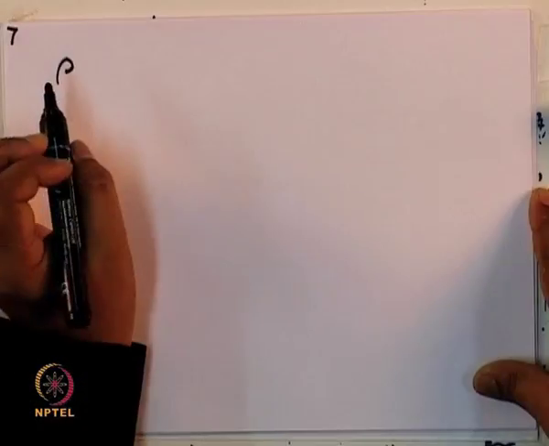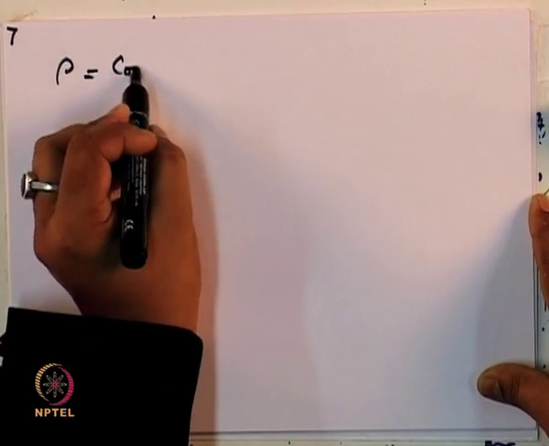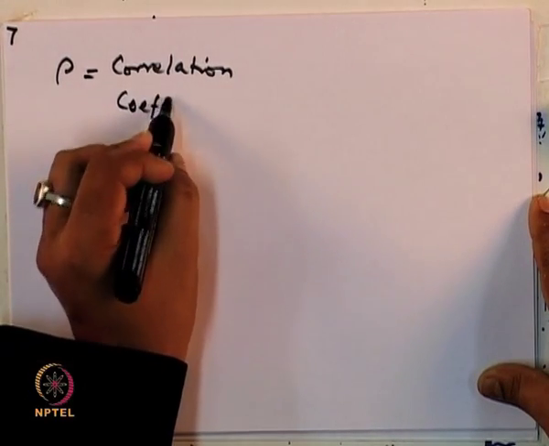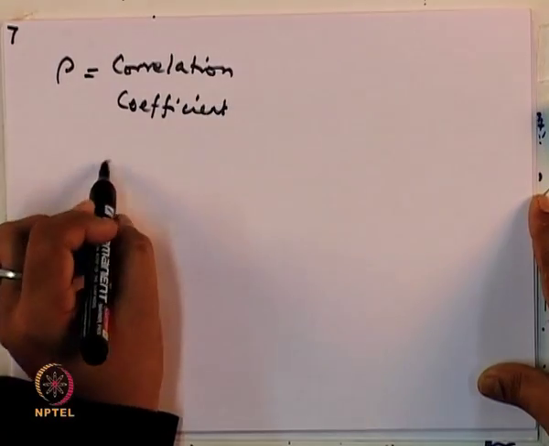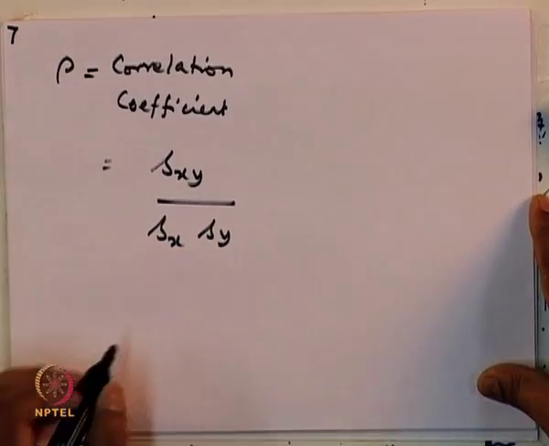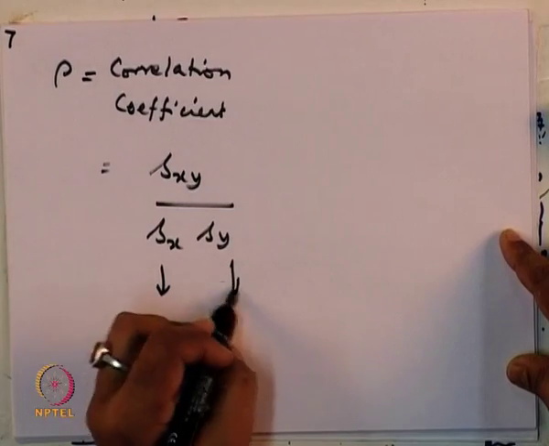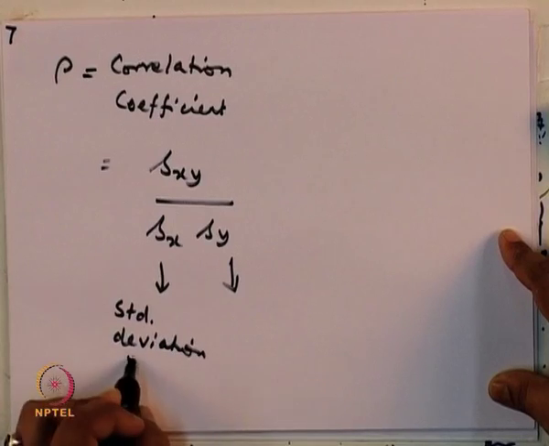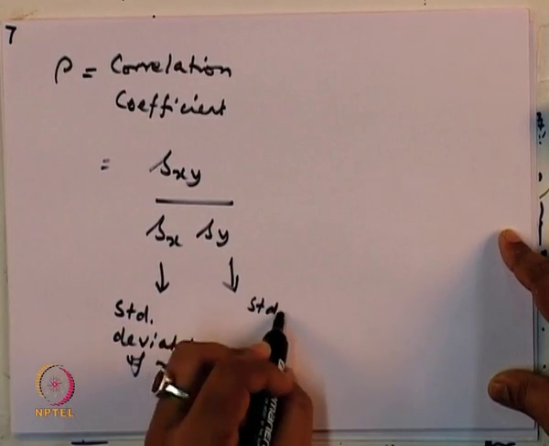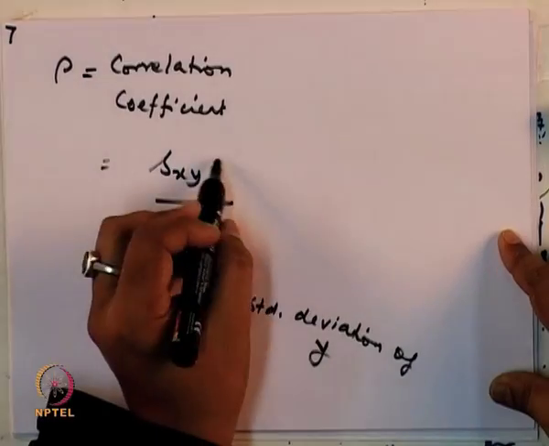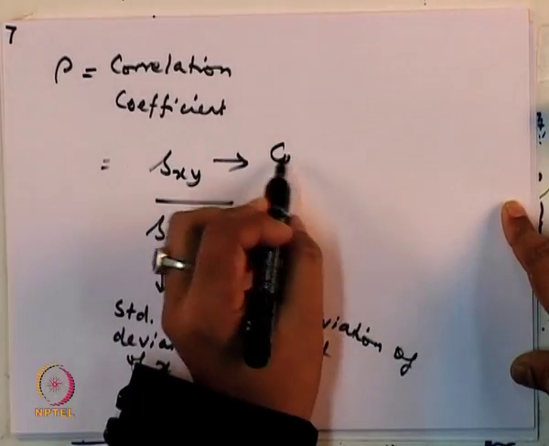Okay. Now how do you define correlation coefficient mathematically? The correlation coefficient is typically represented by rho. It is defined as Sxy divided by Sx into Sy, where Sx is the standard deviation of x, Sy is the standard deviation of y, and Sxy is called the covariance of x and y.